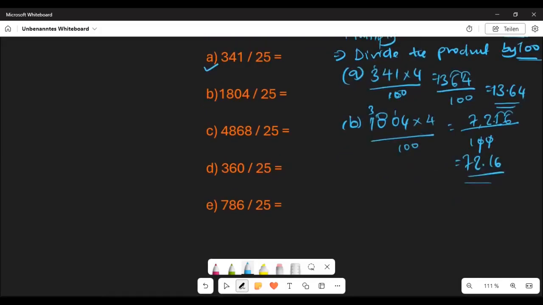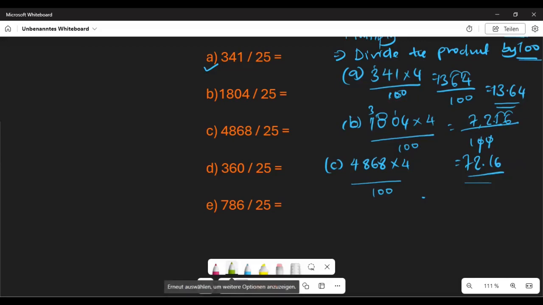Calculation and division by 25 has never been so fun. So let's look at C. C is the same. We have 4,868. We multiply that one by 4 and divide it by 100. The denominator is the same, 100. Now, what is 4 times 8? That will give us 32, so we write 2 and carry 3. 4 times 6 gives us 24, plus 3 is 27.